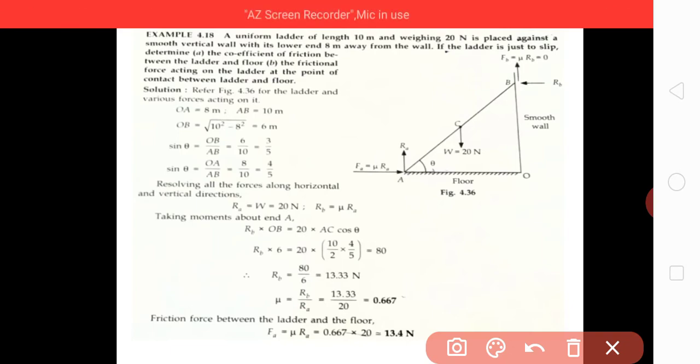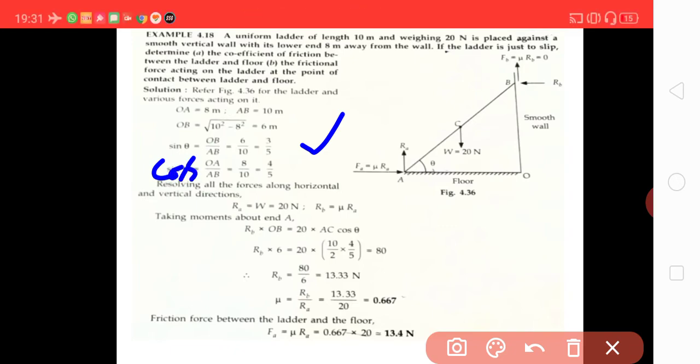Sin theta is 6 by 10, this is 3 by 5, and similarly cos theta is OA upon AB, this is cos, not sin. Cos theta is 4 by 5.